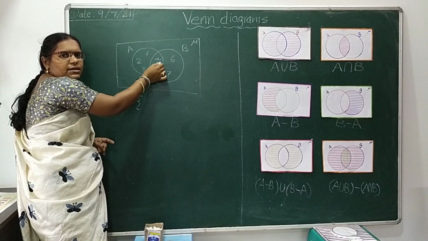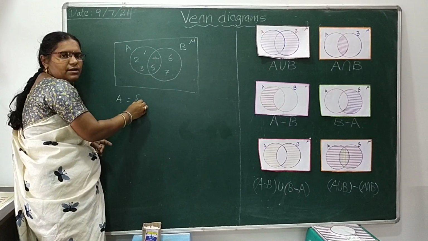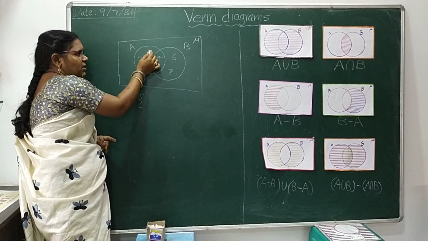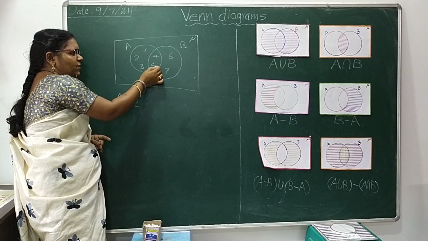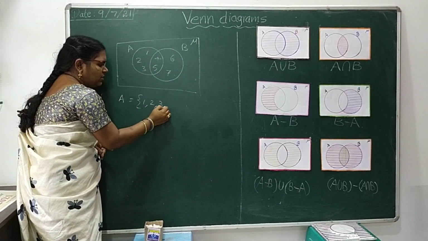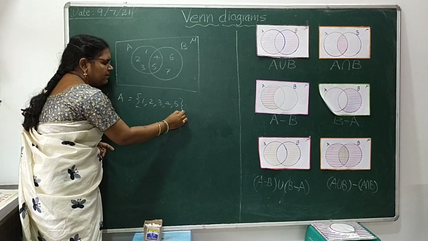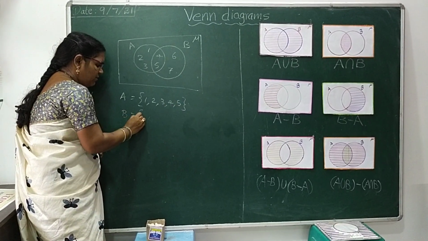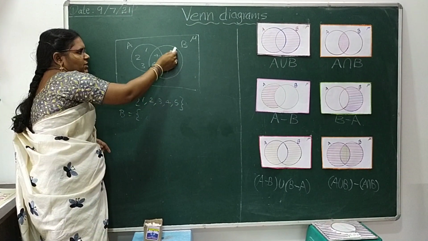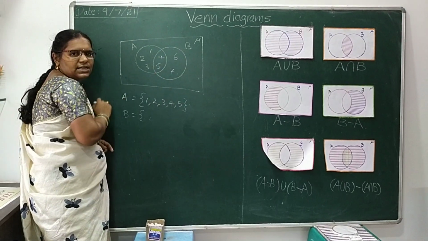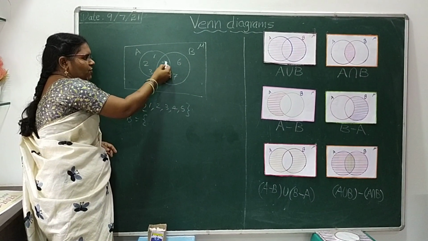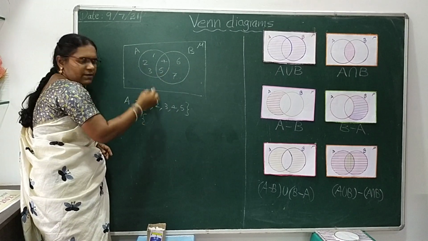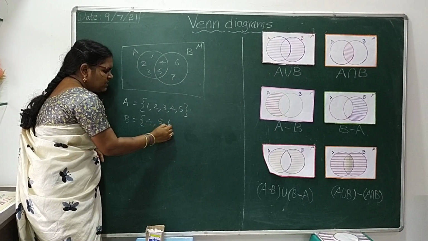What elements are inside the first circle? 1, 2, 3, 4, 5. Next, what are the elements of B? You have to get them from the second circle. They are 4, 5, 6, 7.